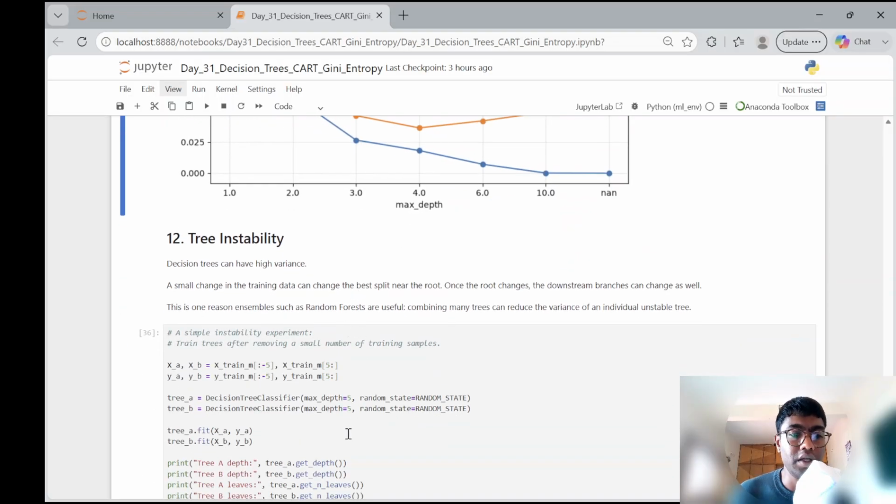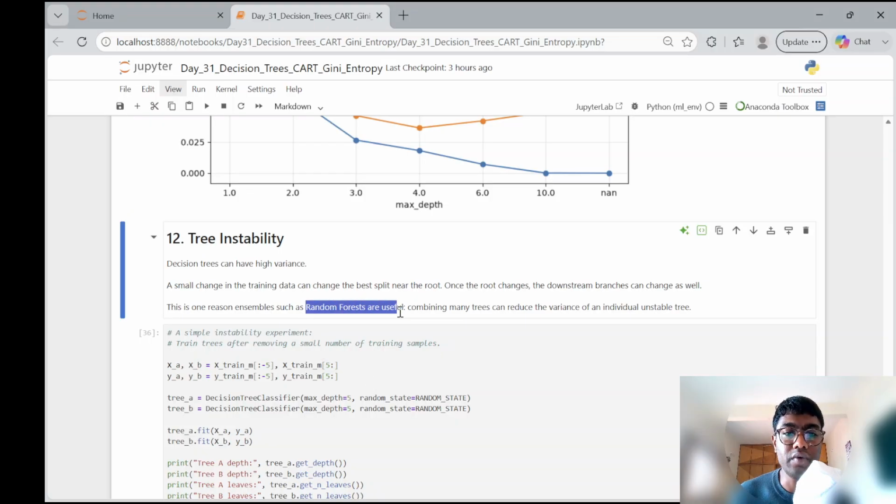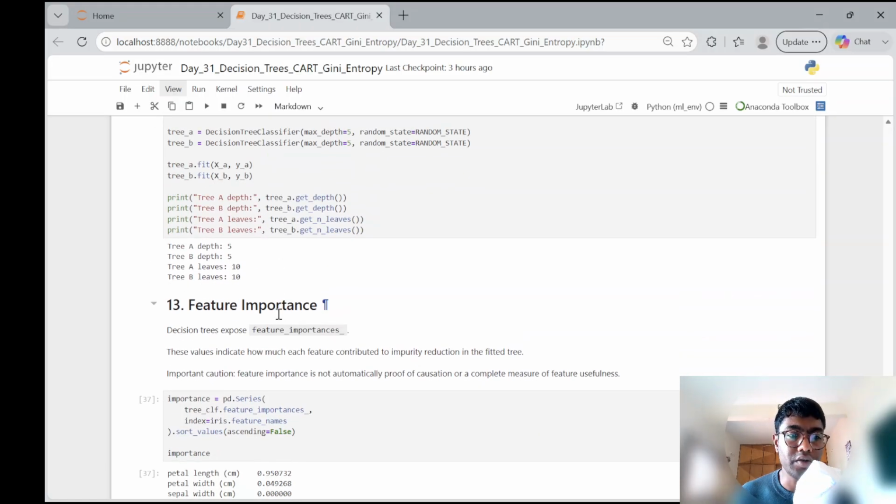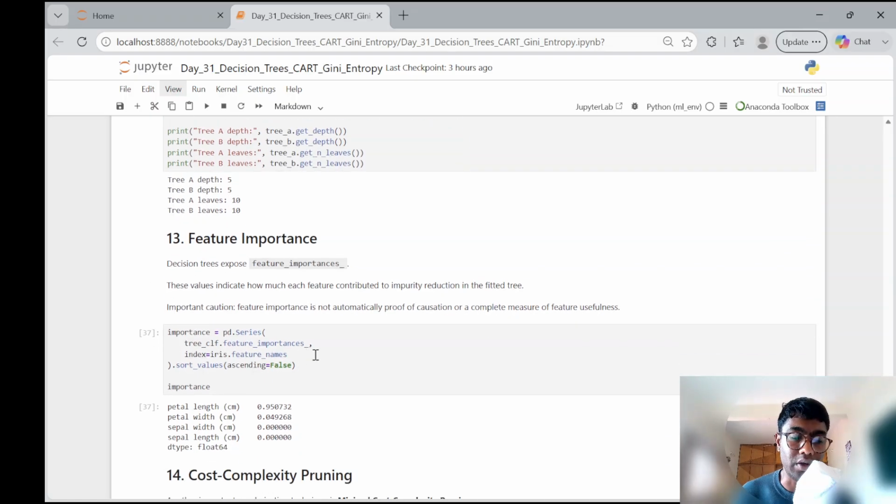Tree instability: decision trees have high variance, so changing a small set of features would change the way the decision tree outputs or predicts the value. So that's one thing to note. This is one of the reasons that random forests are very useful. Next, decision trees expose feature importance, meaning that considering a small set of features would increase an overfitting kind of pattern, while we need to always consider the features which are most important and balance it out.